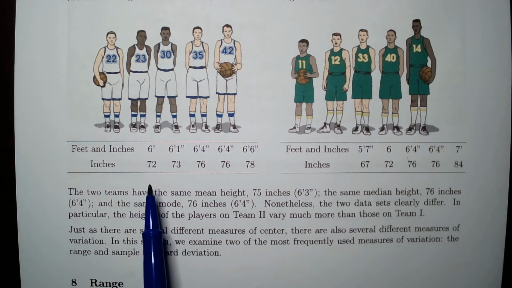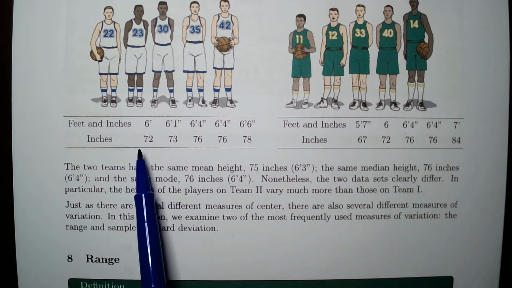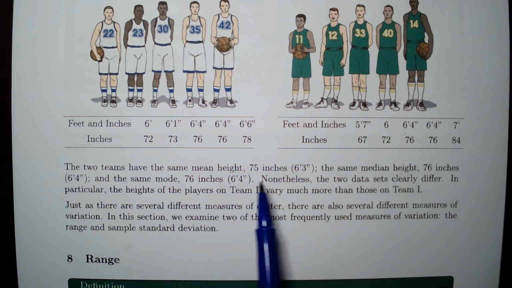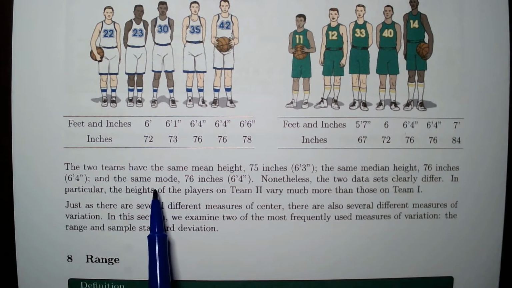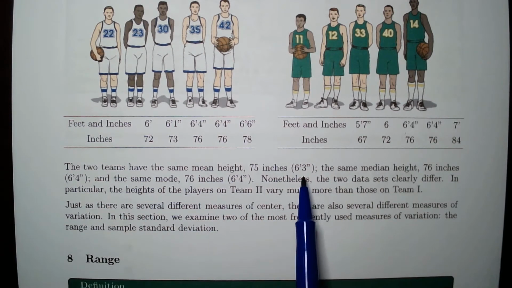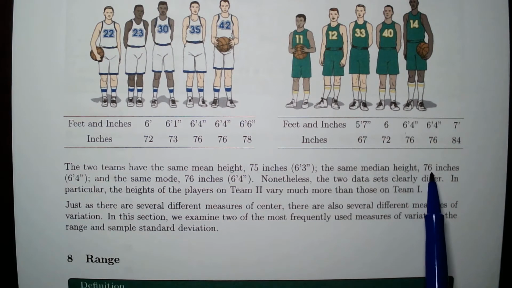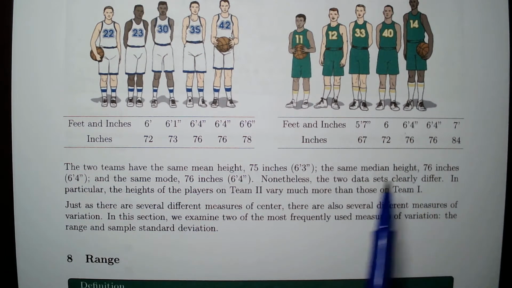If we calculate the three different measures, the mean, the median, and the mode, they are going to be the same for both teams. They have the same mean, which is 75 inches, the same median, which is 76 inches, and the same mode, which is 76 inches.